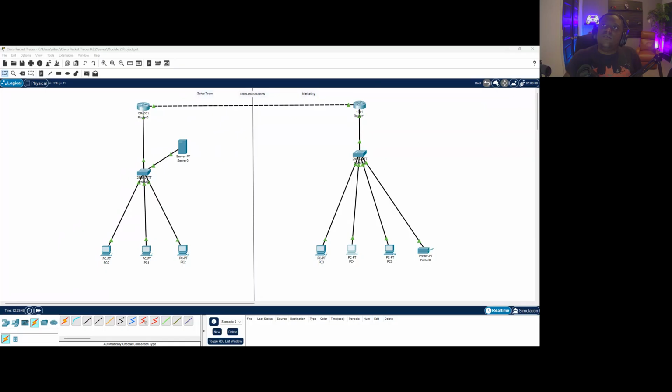To configure that on the router, we basically entered in the excluded address. We did the IP here.